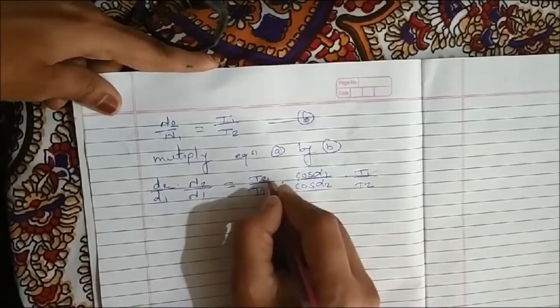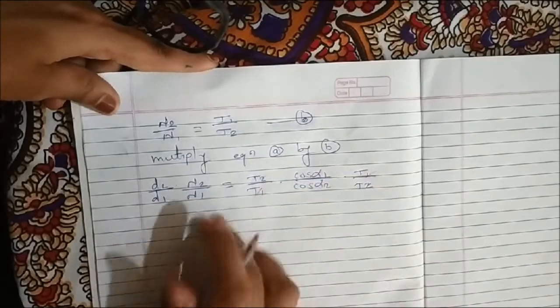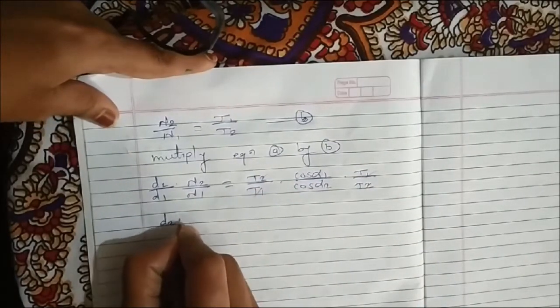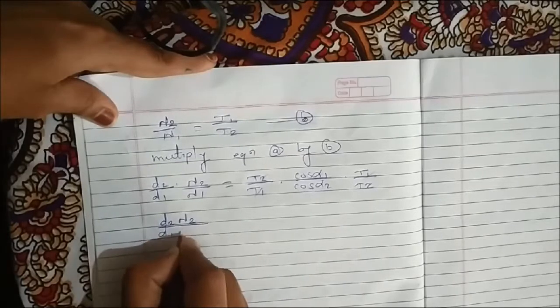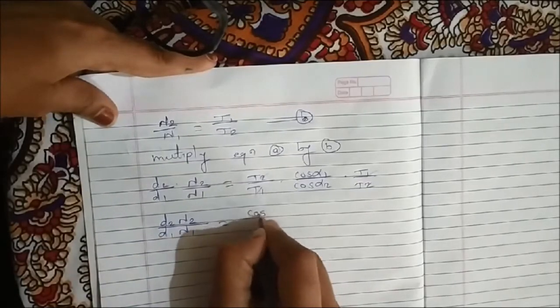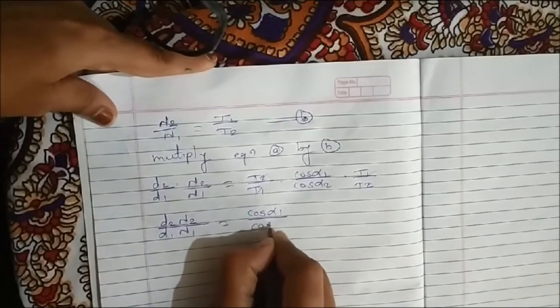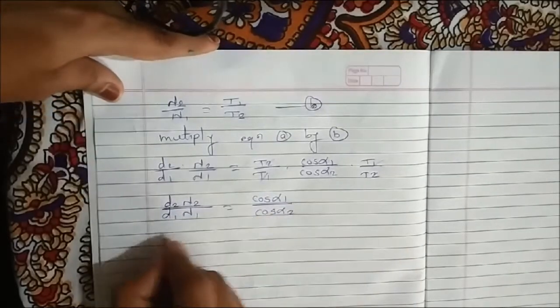Again t2 and t1 get cancelled, so what we get, d2 n2 divided by d1 n1 is equal to cos of alpha 1 divided by cos of alpha 2.